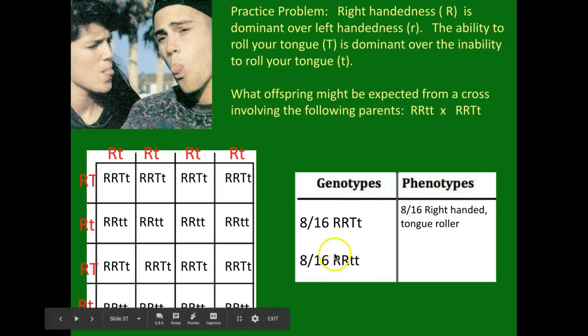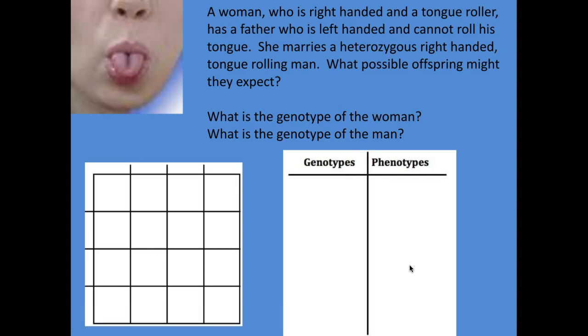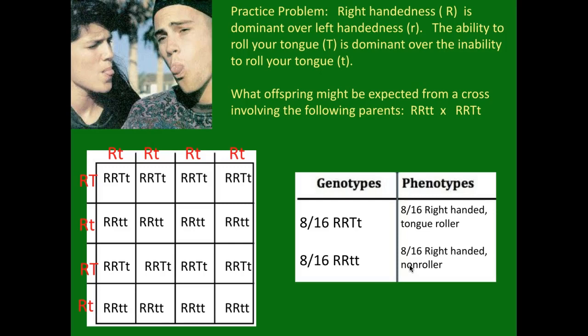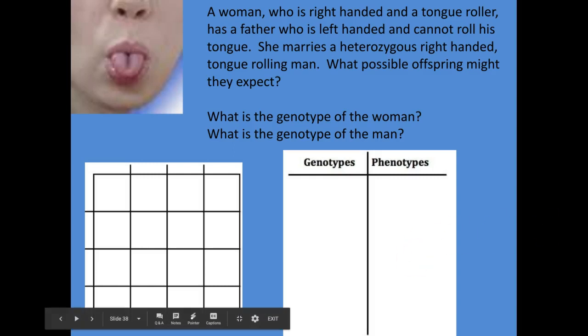Here you're going to have, again, homozygous dominant for right-handedness, but homozygous recessive for non-tongue roller. So half will be right-handed and a non-roller. And I was wrong. Got one more. You can pause this if you need to finish writing that down. We have one more. So go ahead and pause this and do this on your own really quickly.